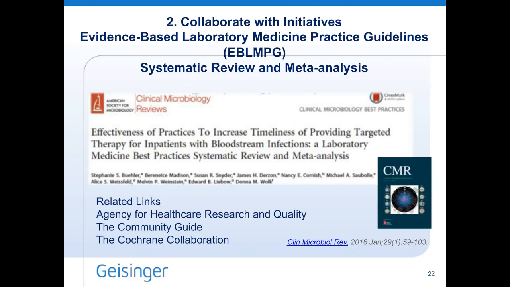It was the first ever evidence-based guideline based on systematic review and meta-analysis to be published. The related links include other evidence-based websites like the Agency for Healthcare Research and Quality, the Cochrane Collaboration, and such. And so read through this.